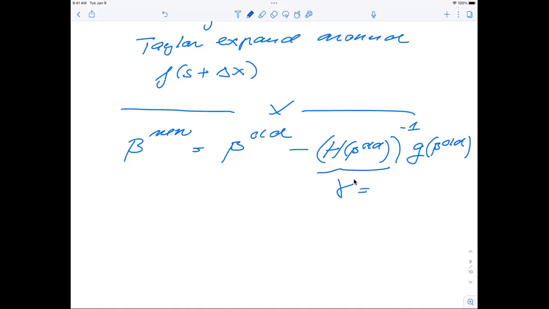So this parameter is called the learning rate. And this becomes a parameter in the theory. And it's actually cheaper to run the calculations with different learning rate parameters than to calculate the inverse of the Hessian matrix.